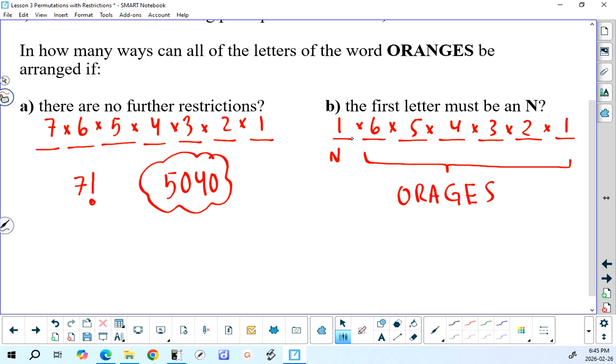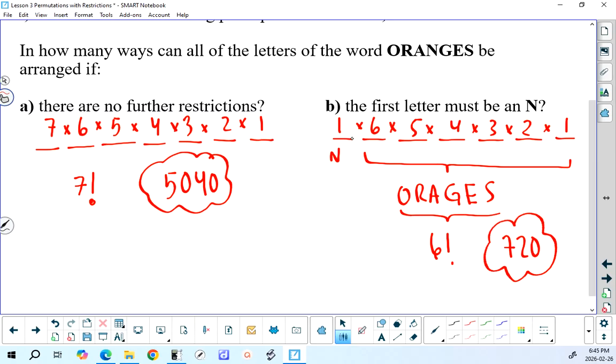You've taken my input out of it. As soon as you've told me the first letter must be an N, you've already decided it's there, and that means this is 6 factorial. Again, that's going to give you 720.